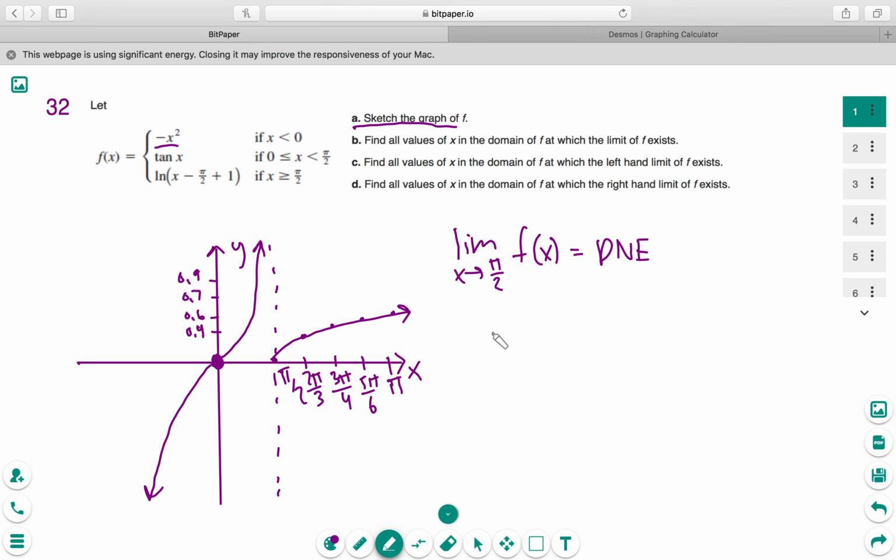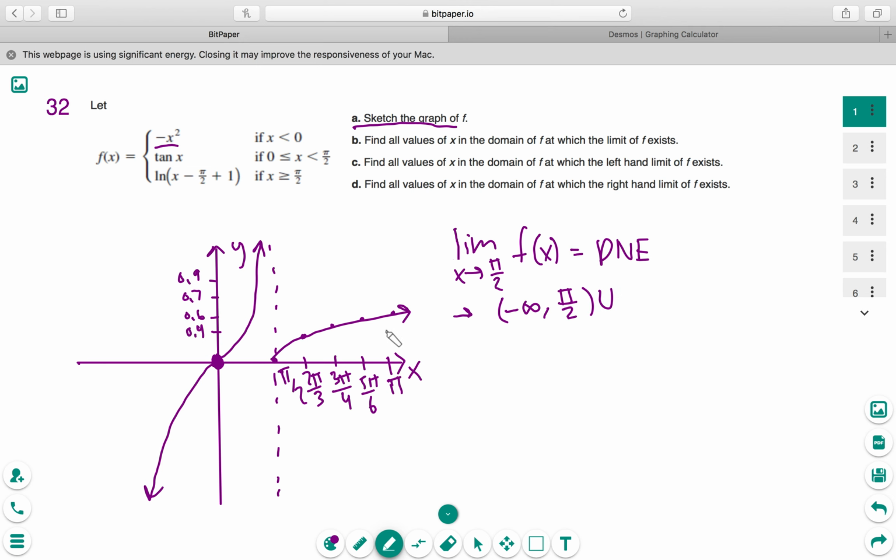So it says, what are the values of x? Let me use interval notation here. I'm sure you've seen this before. So we would say it goes from negative infinity to pi halves. And here we're not going to use a bracket because it doesn't include pi halves. We're going to use another parenthesis.